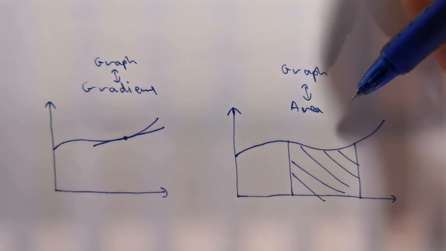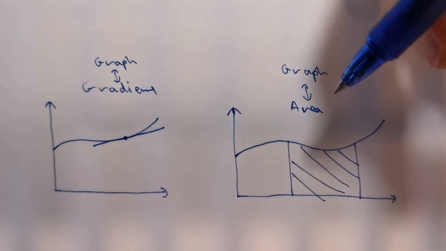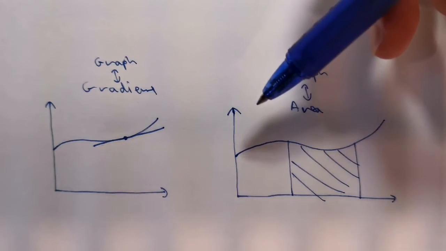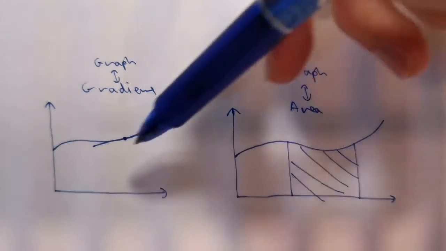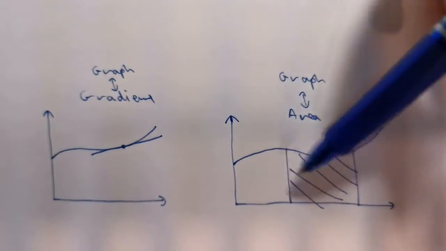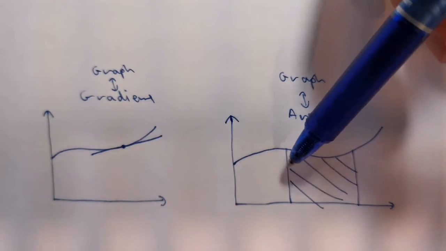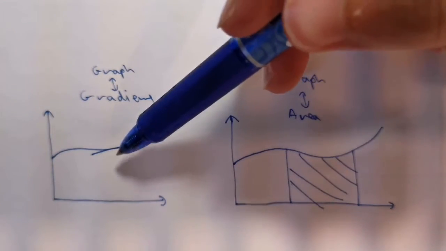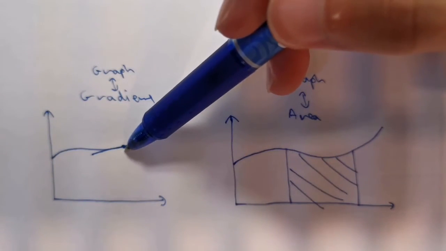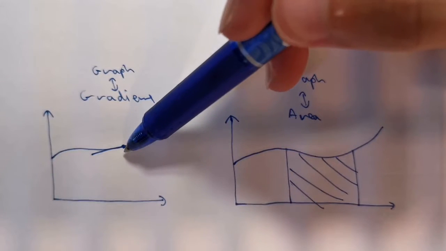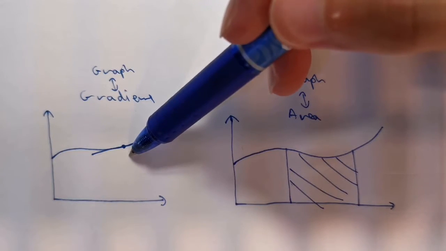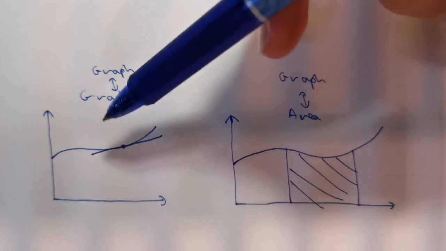So if you think about it, why is it actually obvious that differentiation and integration are the opposite of each other? It's actually not that clear, right? From the graph you get the gradient. So the inverse of differentiation is, given the gradient, you get the graph.